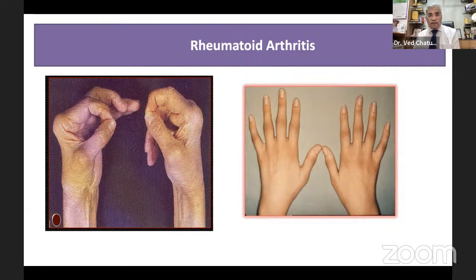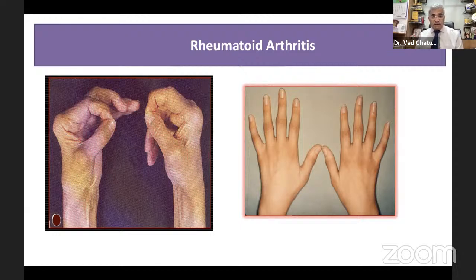There are two tests, rheumatoid factor and anti-CCP antibody. Now, these are not diagnostic, but they help you. Suppose a normal person, suppose like me, if you test my blood and rheumatoid factor is positive, it does not mean I have rheumatoid arthritis. So you should have symptoms also.